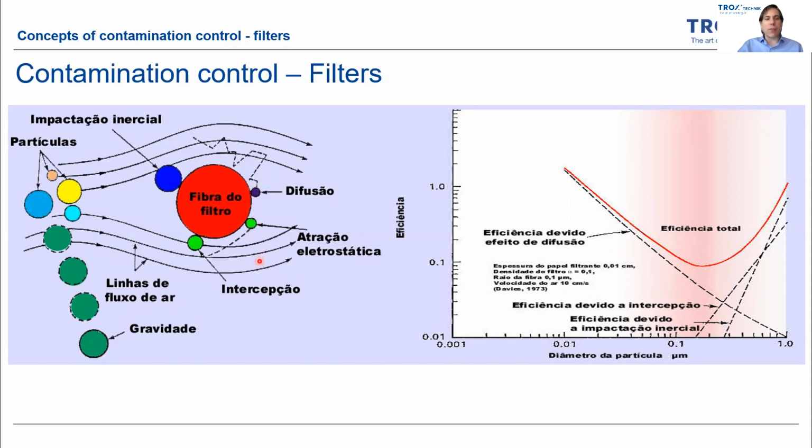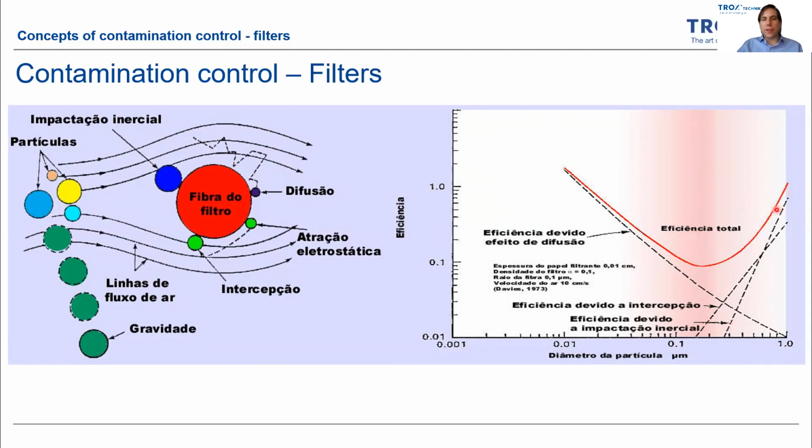In some filters, we have also electrostatic effects. So there is a possibility of electrostatic and electric attraction effects. Not that usual now, but still can happen. And what happens with that is that the total efficiency of the filter is a combination of all these mechanisms that the particle has.